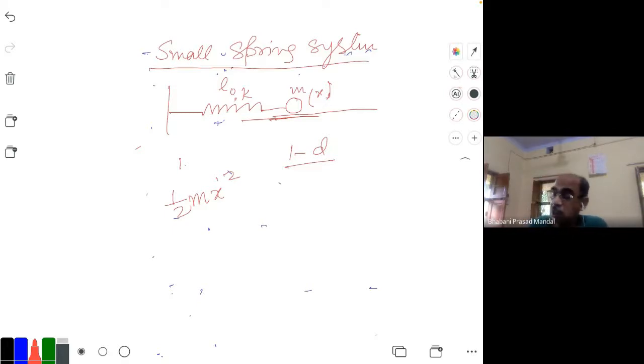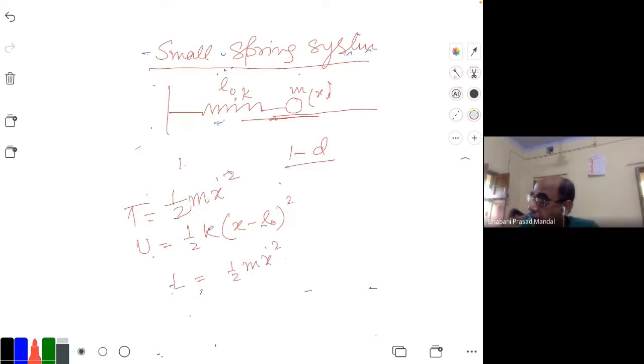So this is the kinetic energy. Now potential energy will be half k times the elongation, x minus L0, whole square. So your Lagrangian will be half m x dot square minus half k (x minus L0) square.